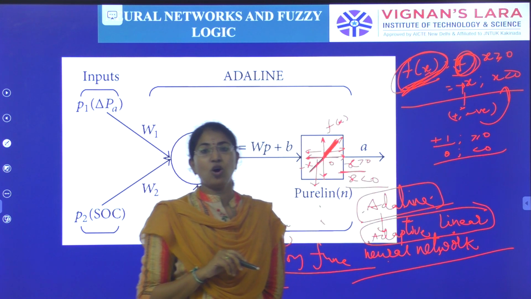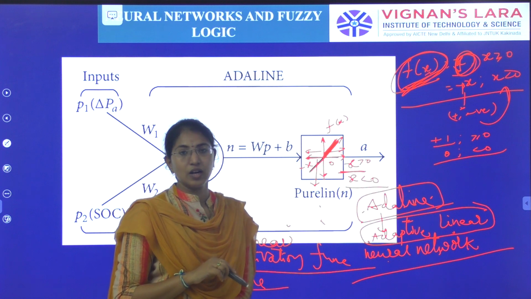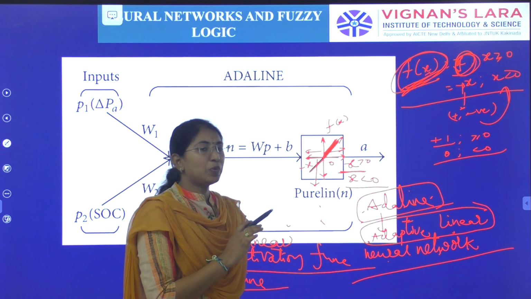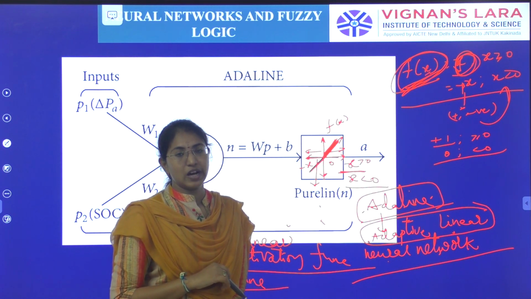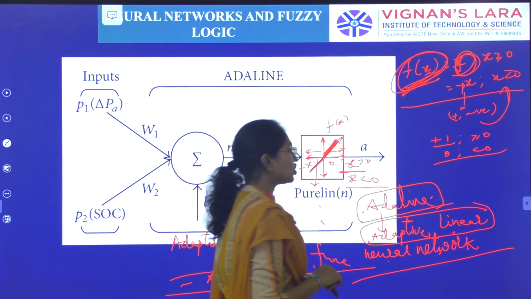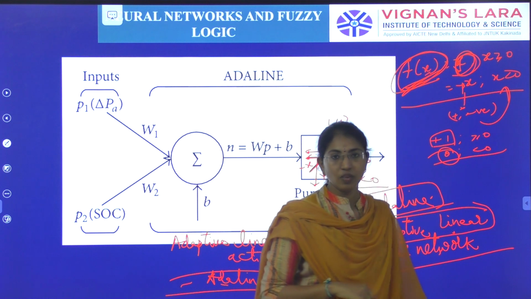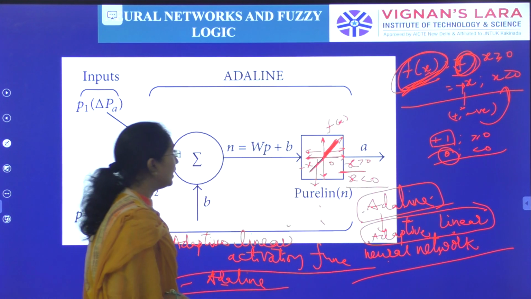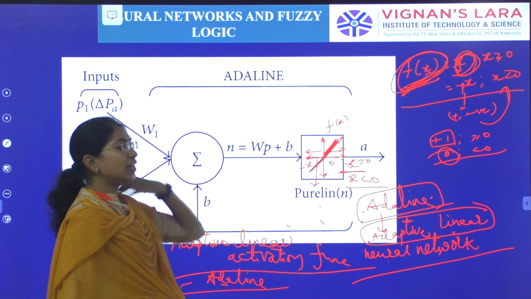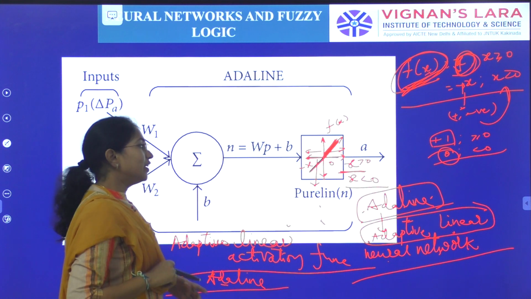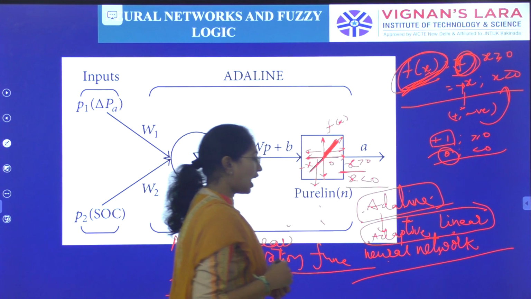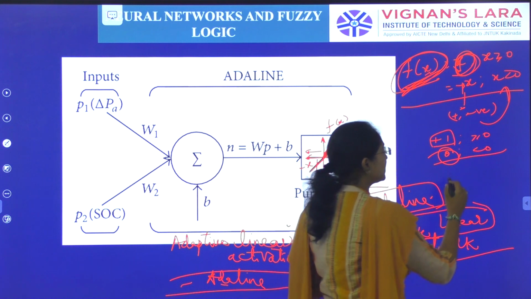Because in the Perceptron and McCulloch-Pitts neuron models, a binary step activation function is used, which generates either 1 or 0. Whereas in the Adaline neural network, it will generate output value same as x.